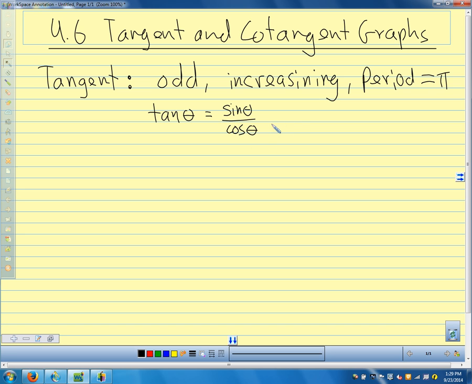So we get a vertical asymptote when cosine theta equals 0. So when is cosine theta equal to 0? Where on our unit circle is cosine theta equal to 0?